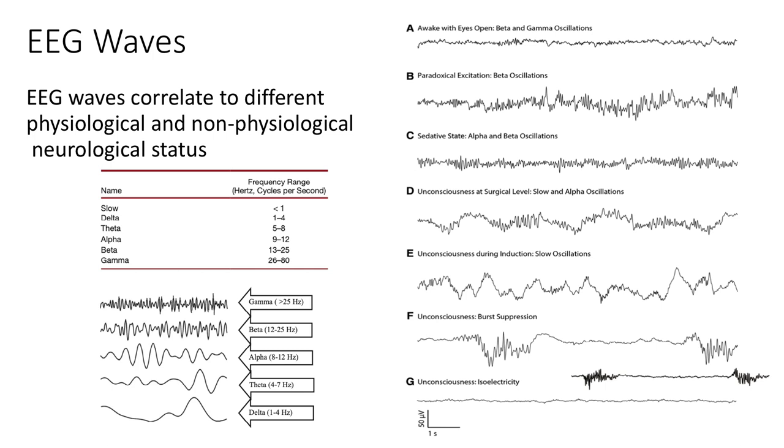Now, moving beyond sedation to really sleep-inducing, unconscious at surgical level, we have more slow and alpha oscillation. As I further deepen my level of anesthesia, unconsciousness, as you would see during induction, slow oscillations.